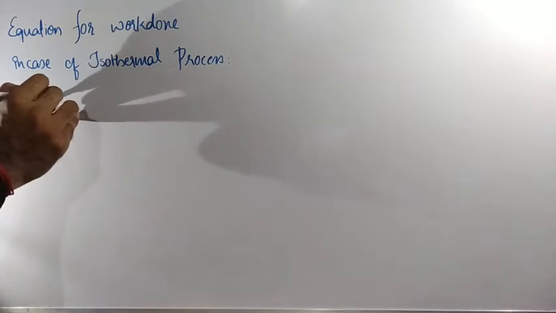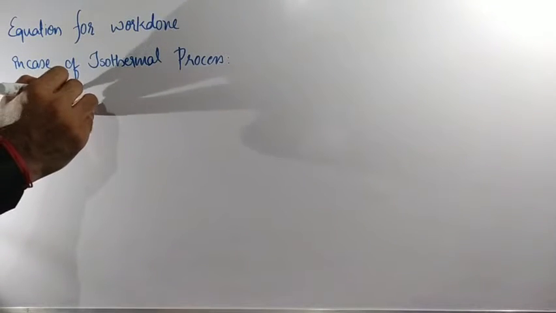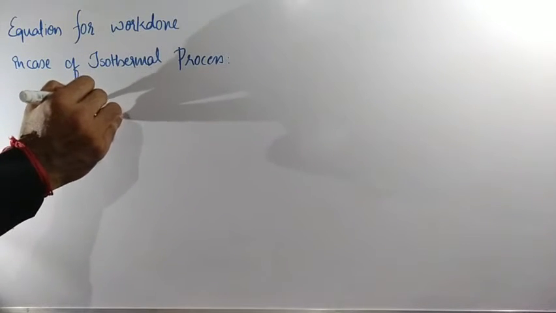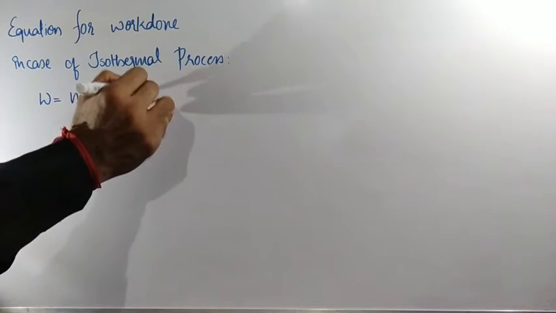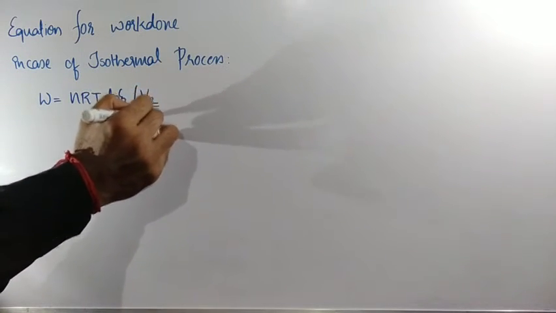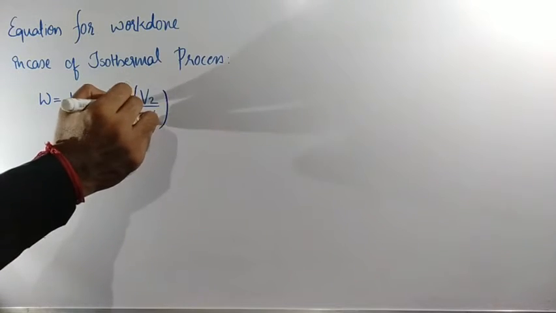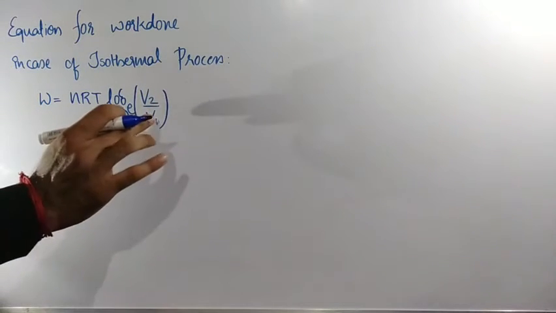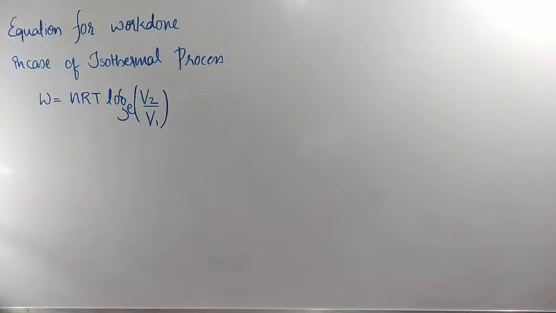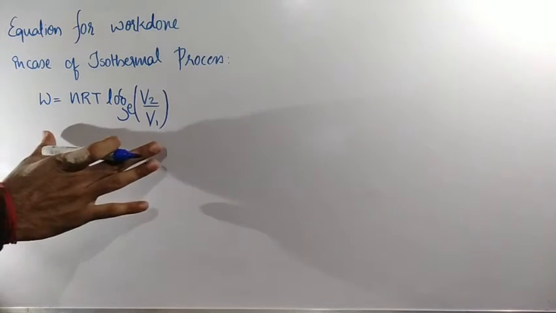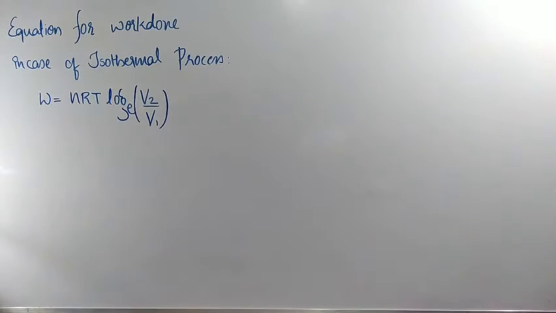Work done W is equal to nRT log V2 by V1 to the base E. This is nothing but our general formula.